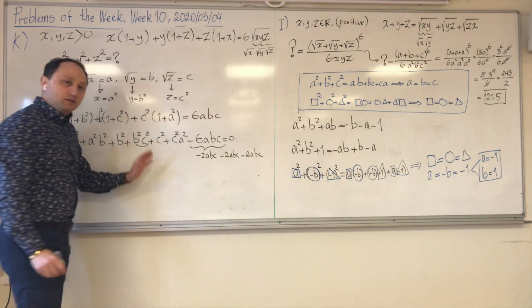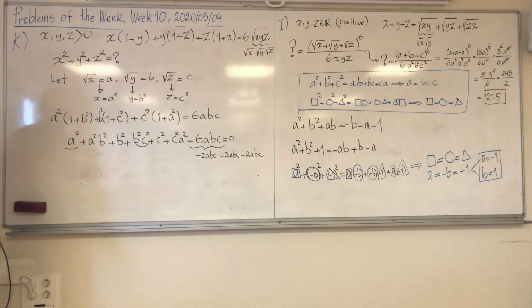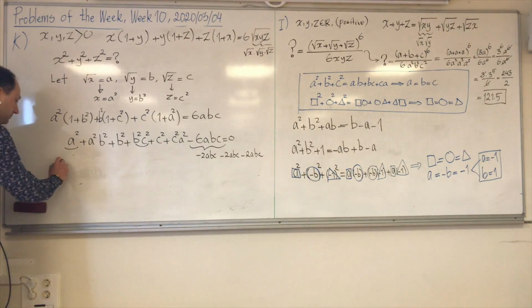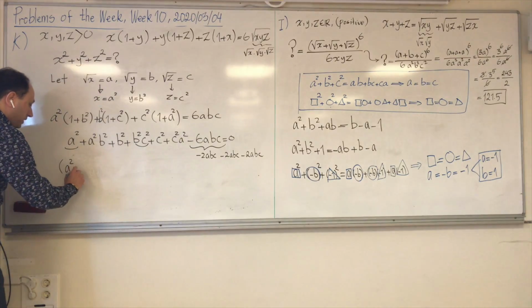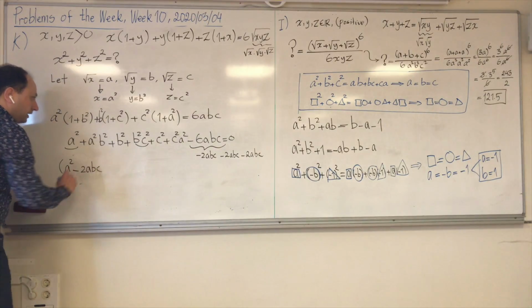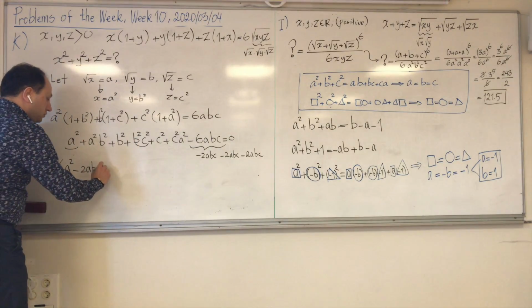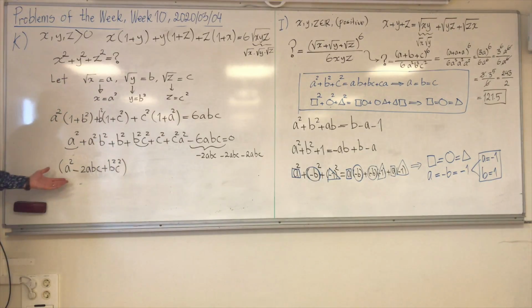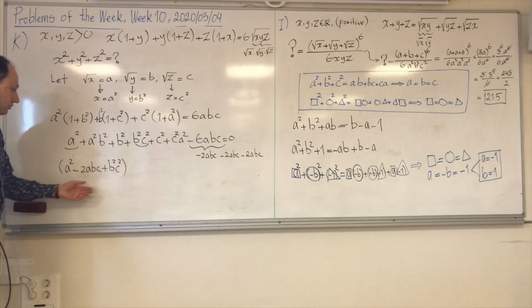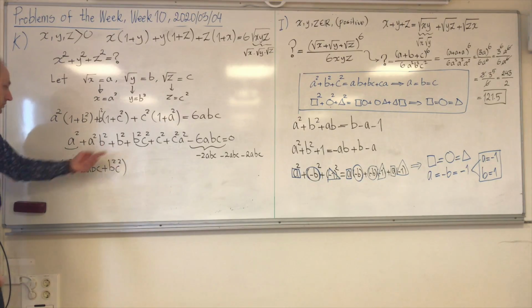And then more or less the idea becomes clear. So I take a squared, and then I take one of these minus 2abc's, and then I put b squared c squared here. And now I hope that you can do the rest of it yourself. This becomes b squared.